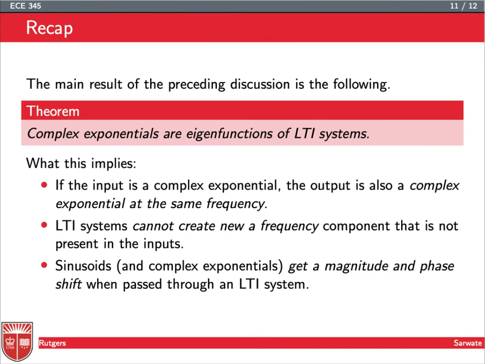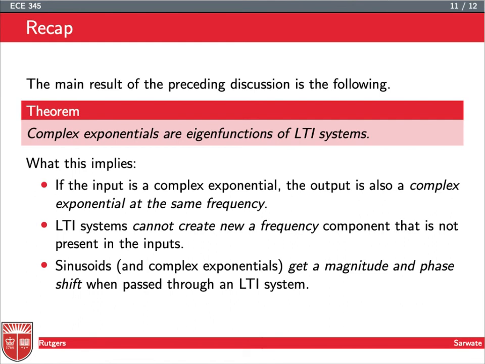So the main takeaways from this, there are three points, which are all consequences of the statement that I made before: complex exponentials are eigenfunctions of LTI systems. What does this mean? To be an eigenfunction means that if the input is a complex exponential, the output is also a complex exponential, but at the same frequency. And this means that LTI systems cannot create a new frequency that's not present in the inputs.